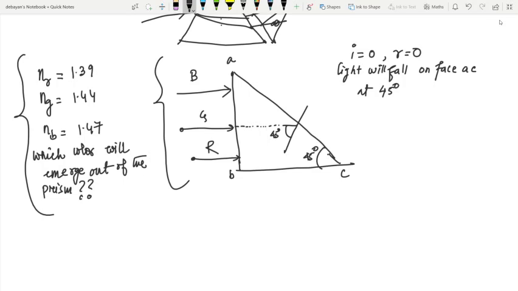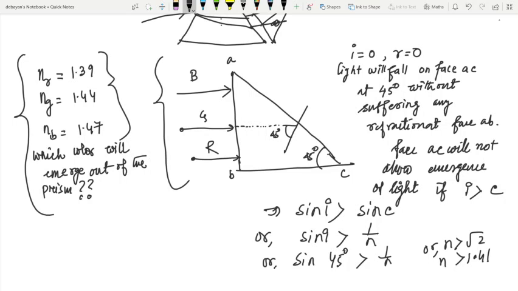So in that particular figure you will see that out of the given colors only red will emerge, because the refractive index of red is less than 1.41. The light with a refractive index greater than 1.41, that is the green light and the blue light, will not emerge out, because the angle of incidence is greater than the critical angle, which means total internal reflection will occur.